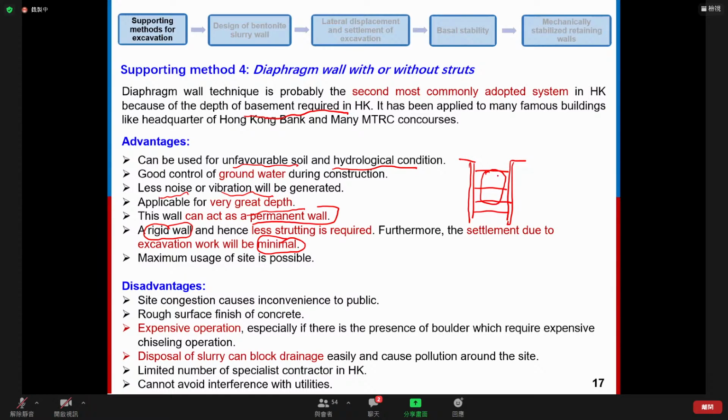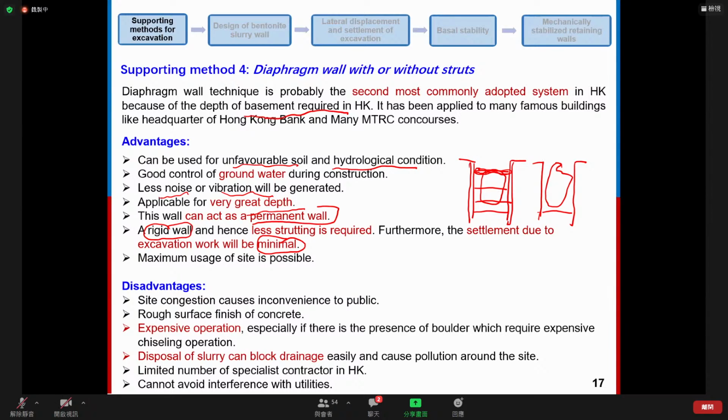So we cannot use this area for other construction unless we remove the struts. But for diaphragm wall, because it's a rigid wall, we may not necessarily need the struts or additional supporting methods. So this whole area we can use for other construction.